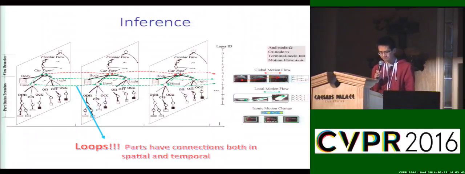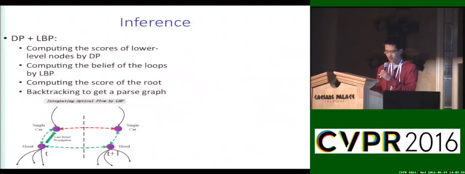For inference, since our model jointly models car fluents in both spatial and temporal domains, there are loops in our model structure. This poses a great challenge in the model inference. To cope with this problem, we propose a dynamic programming and loopy belief propagation method to get an approximate solution.